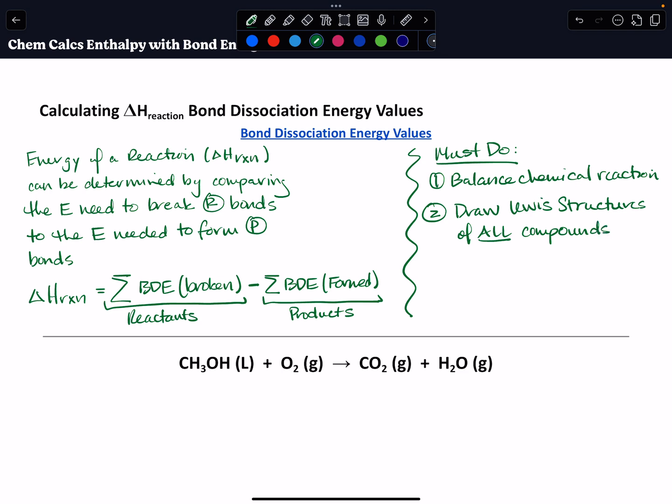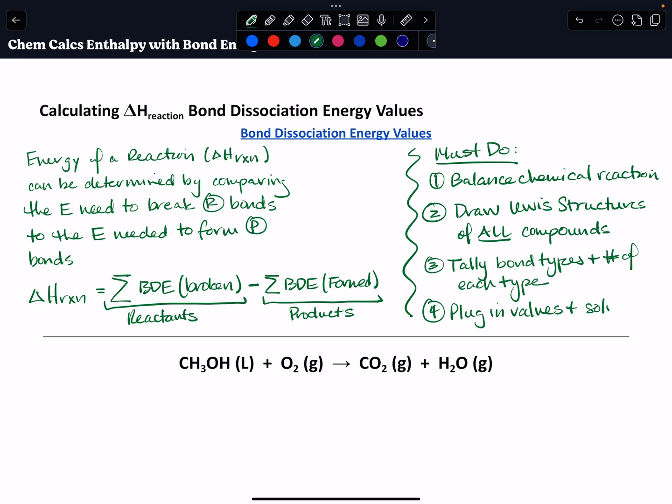And they need to be correct because you're going to be looking at bond types and the number of bond types within each compound and then adding all that up. So if you mess up your Lewis structure, then you are going to have a problem. For a third step, this is one I like to do. It's not required. I say that you look at those structures and you tally up the bond types and number of each type. And then once you have that done, you plug in your values and solve.